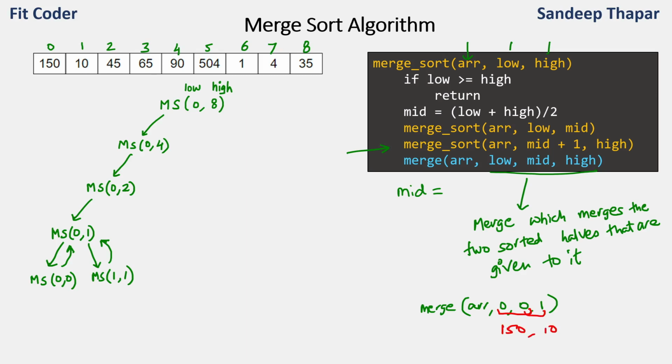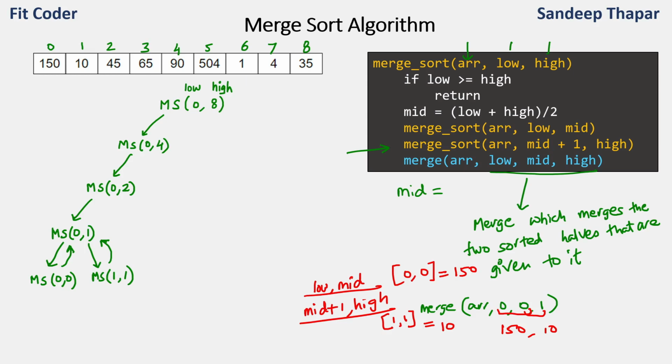This merge function will have three parameters: low, mid and high. It will break the array into two parts. One array is from low to mid and the other is from mid plus 1 to high. Low and mid both are pointing to index 0, and mid plus 1 and high both are pointing to index 1. Index 0 is 150 and index 1 is 10.